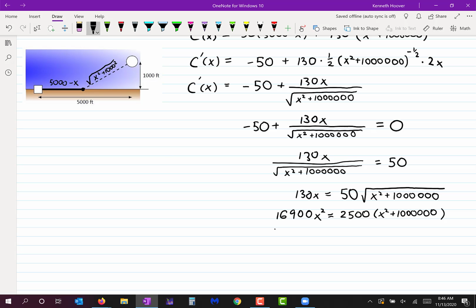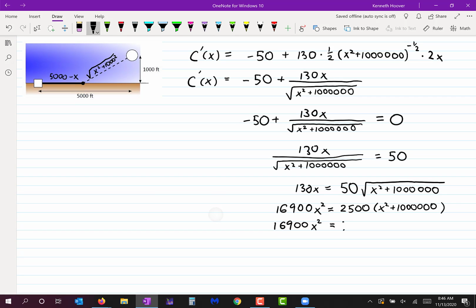Okay, distribute the 2,500. These numbers are kind of large, but the algebra that I'm doing should be straightforward for you.